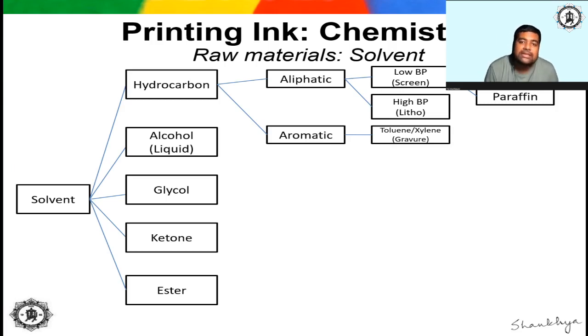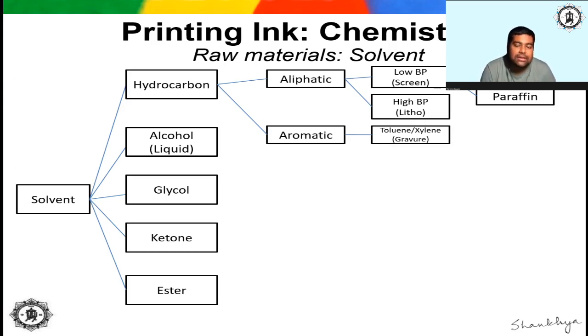Toluene, xylene, these aromatic solvents, are used for gravure. Some hydrocarbon compounds are used in making flexo inks also, but toluene, xylene, these aromatic compounds are not used. Can you tell me why?